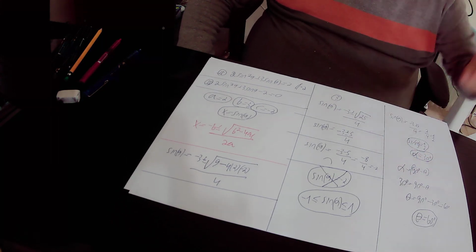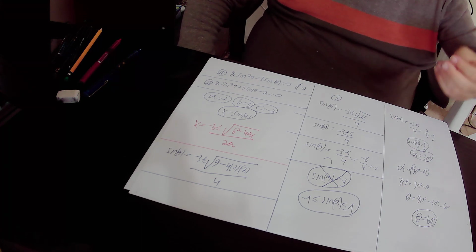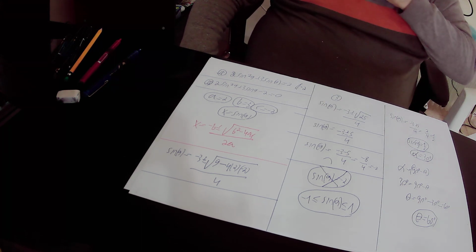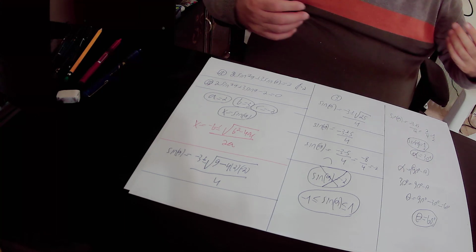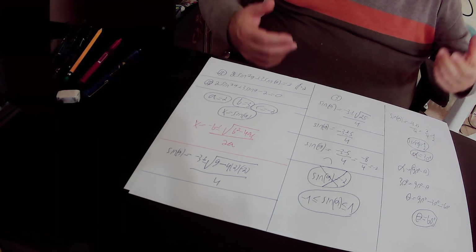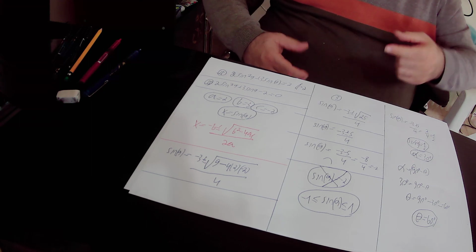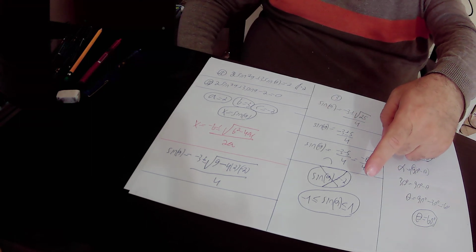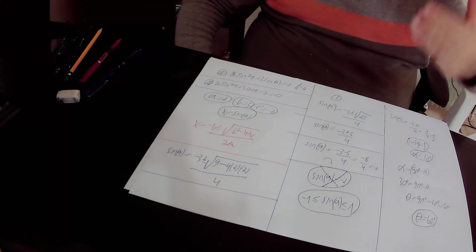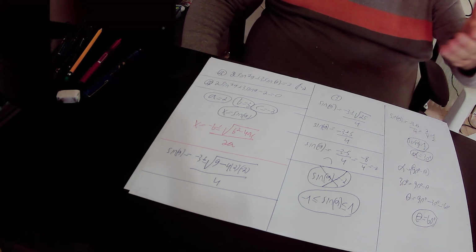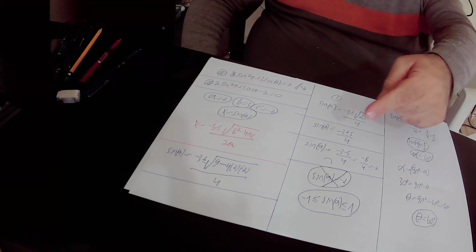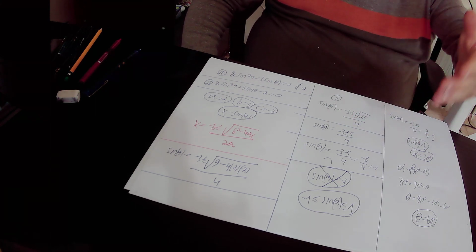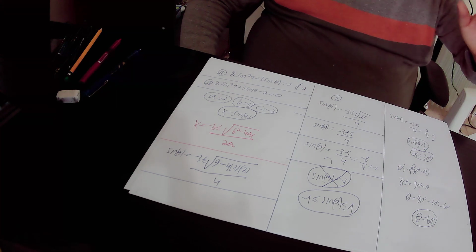But the function sine can only accept values ranging from minus 1 to plus 1, and minus 2 exceeds this range. Therefore, this solution is incorrect. In other words, sine alpha can never be equal to minus 2.